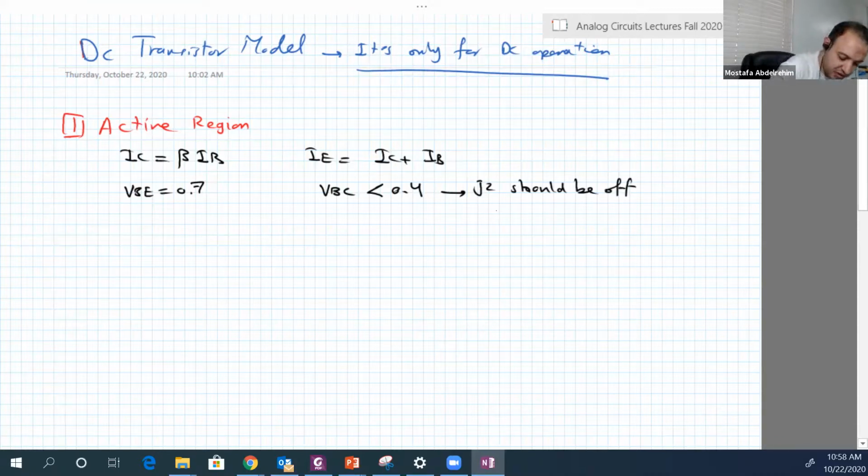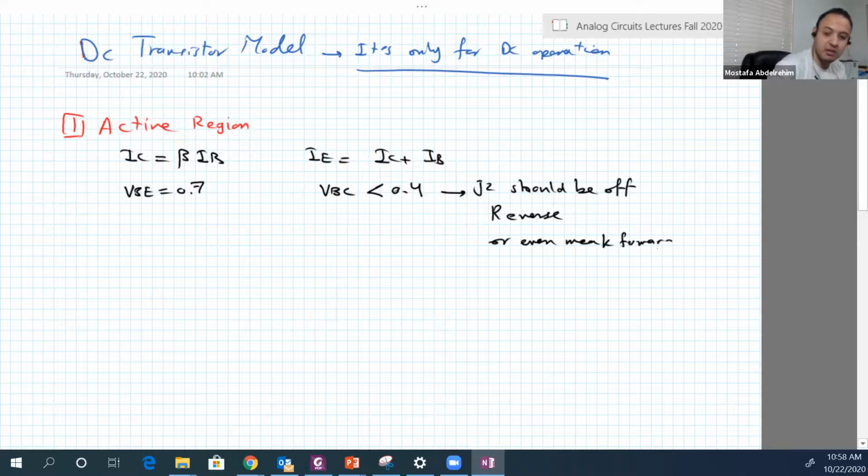Off means either reverse or even weak forward, as I said, something like this in that region. This is the active region.